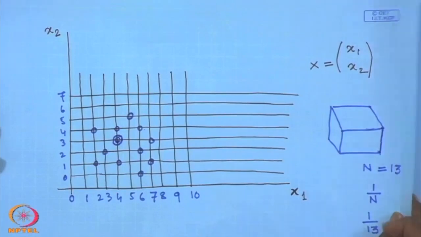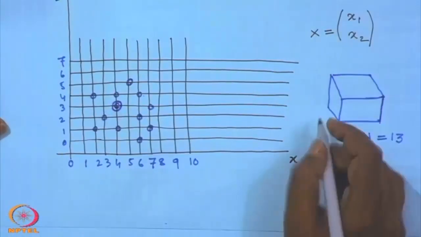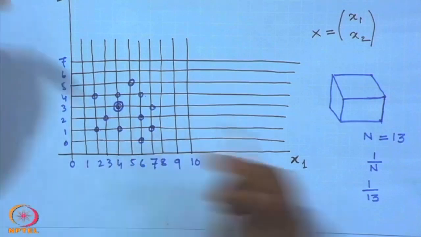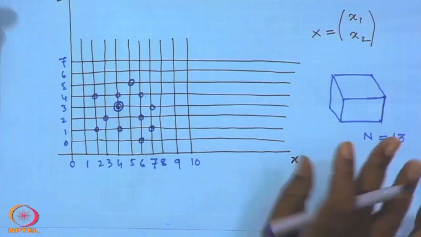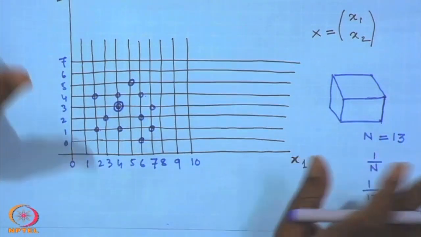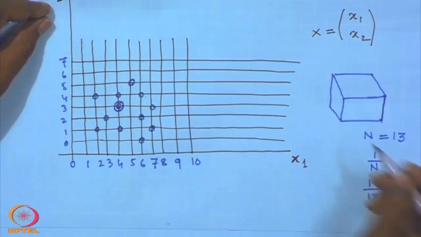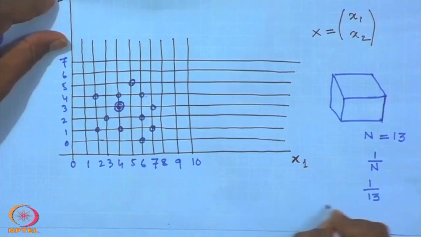To determine the height, I have to know the base area of this rectangular window. Let me assume here that this rectangular window has a base of, let us say, 3 by 3.